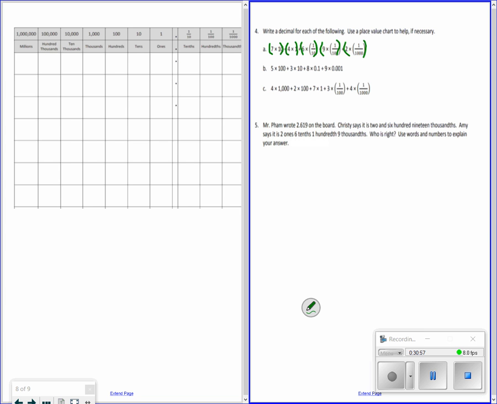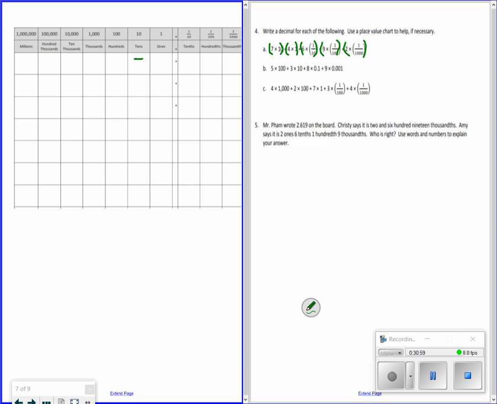So 7 goes in the tens place. 4 goes in the ones place. This is so easy. It's ridiculous. 6 goes in the tenths place. And then it even lets you know, if there's a place value missing from there, then you just put a 0 in there because you can't have empty squares. 9 goes in the hundreds. 2 goes in the thousands.